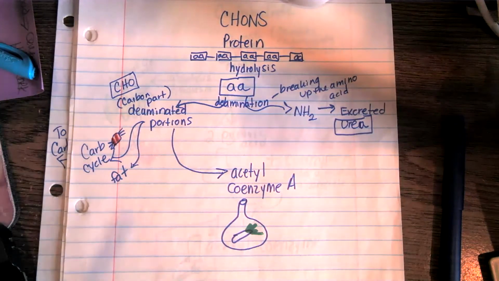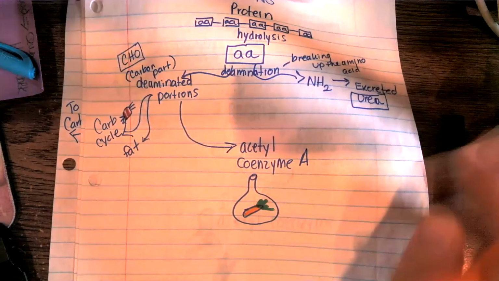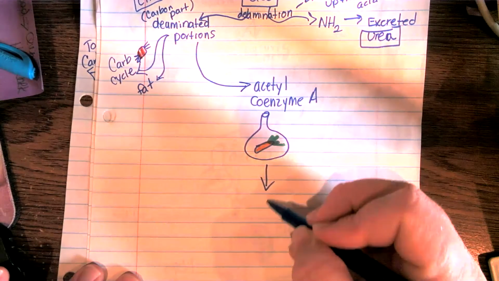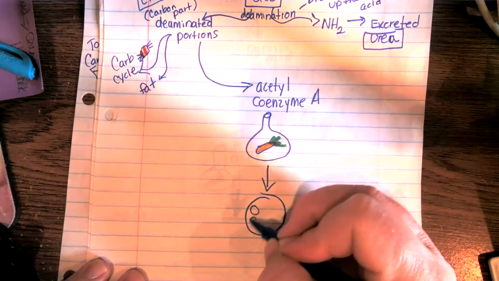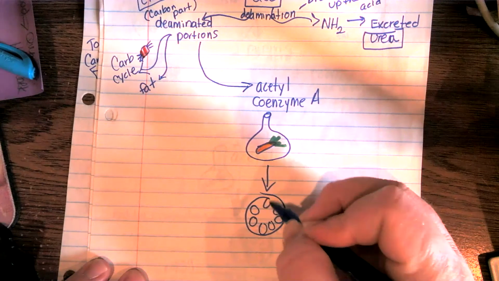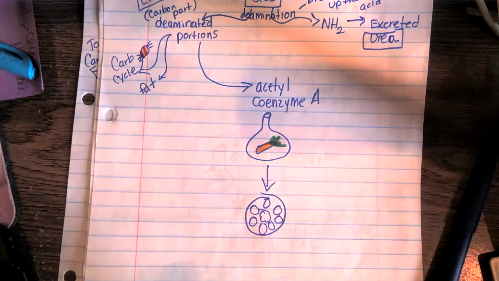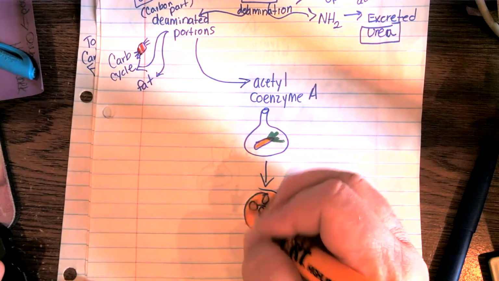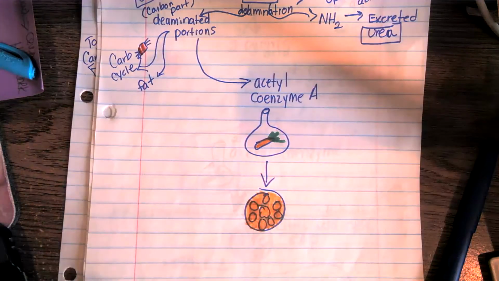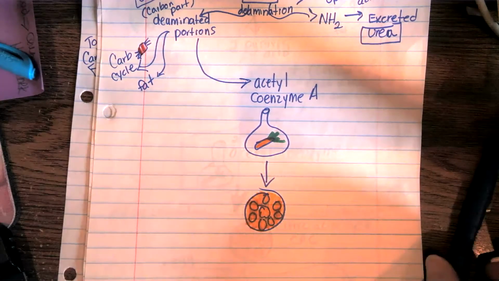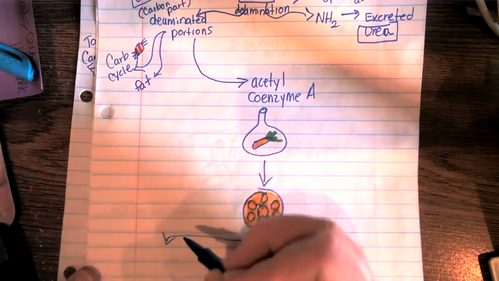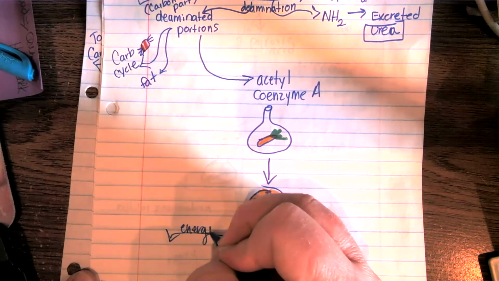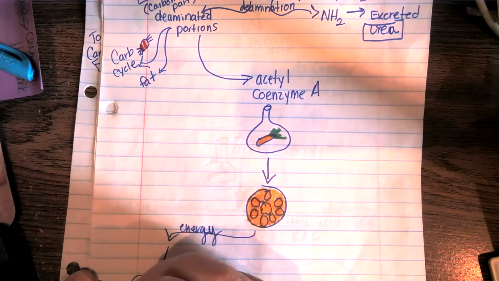Remember, I'm drawing a caret because of the acetyl coenzyme, that coenzyme A. And then we go right into the citric acid cycle. All right, guess what? We're still getting energy. How would I spell energy right? 36 ATP.